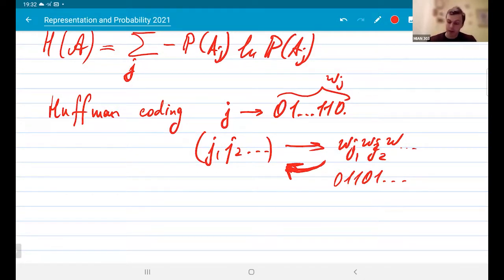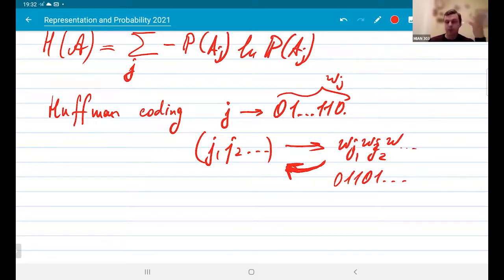For example, I cannot say that the state A is 0, B is 1, and say C is 00, and so on. This is not possible because when I see 0, 0, I cannot understand whether this 0, 0 is AA or just C.